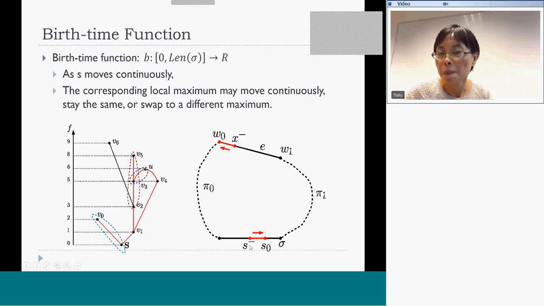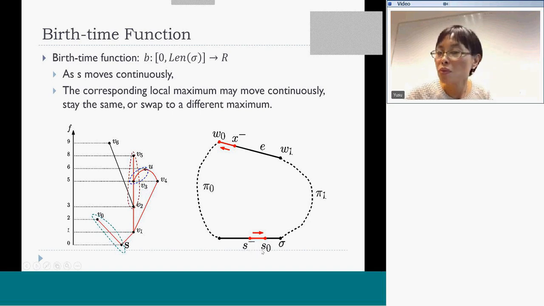Like in this case, at the time S minus, this point is the local maximum, because the distance from S has two shortest paths. At the current moment, there are two shortest paths between S minus and the maximum, one coming this way, pi 0, the other one coming from pi 1.